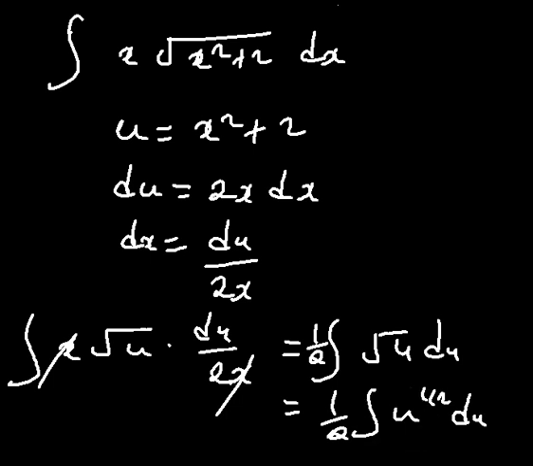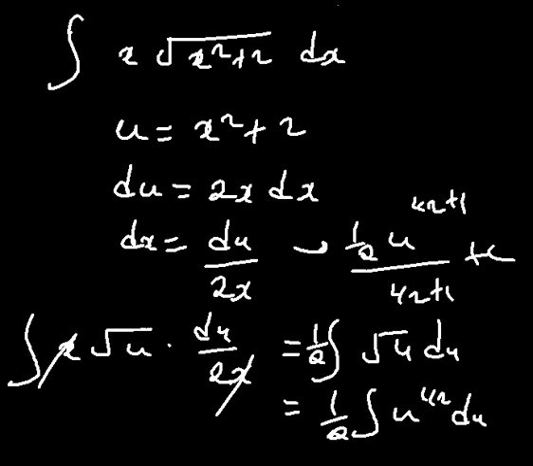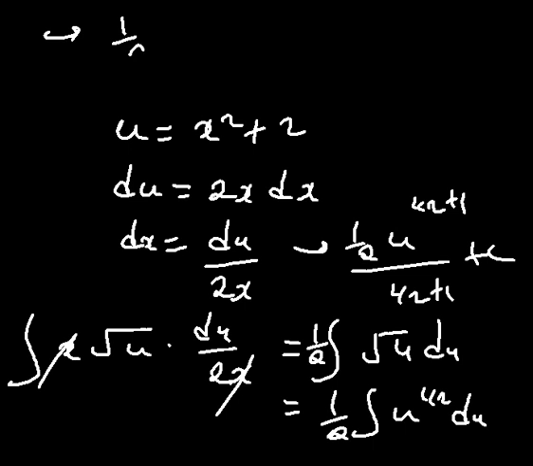We have half u to the power half plus 1 divided by half plus 1 plus c. That's the integral. And from that point we have half u to the power 3 over 2 divided by 3 over 2 plus c.